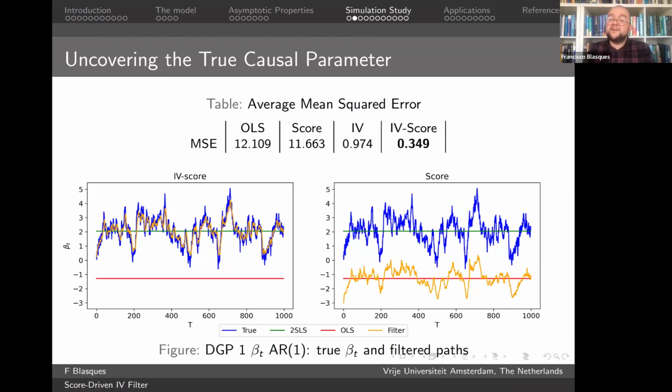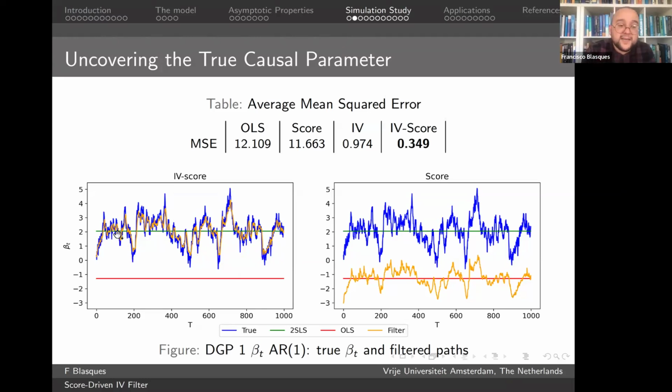But most importantly, we get to actually capture the correct time varying parameter if we do both: the time varying score filter, and apply our IV filtering equation as we just described.